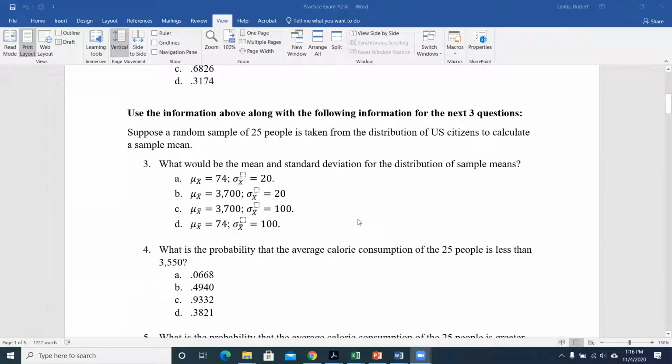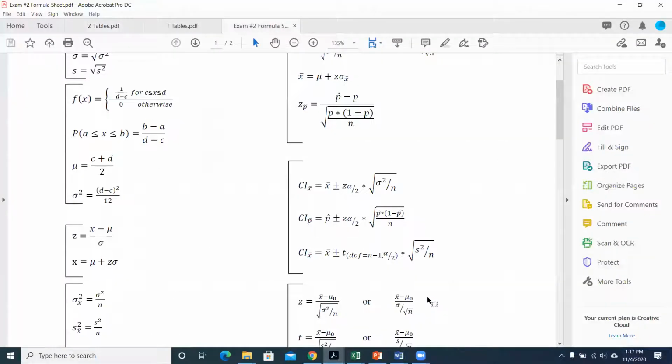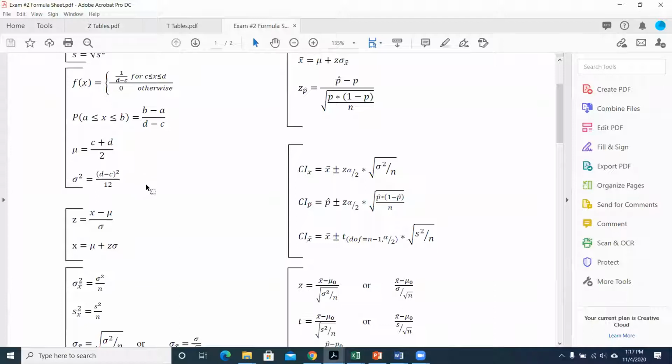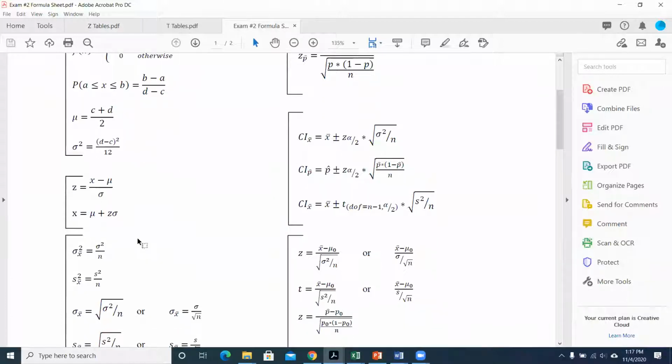So let's say I take a sample of 25 people. What will the mean and the standard deviation be for the distribution of my sample means? Once we take a sample, we know the mean of our sample means is always going to be whatever the original population mean is, whatever we sampled from.